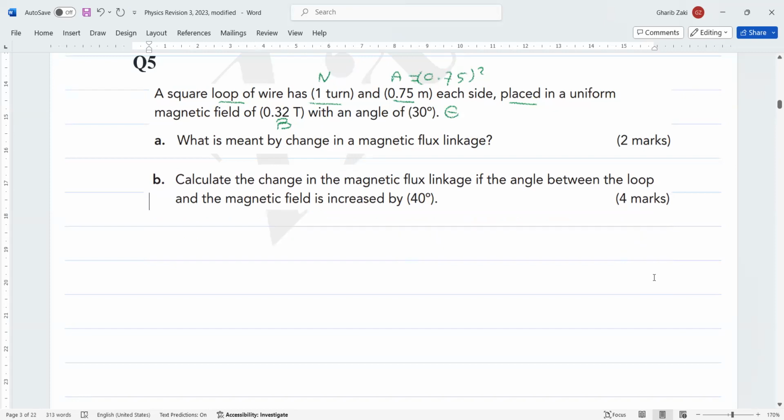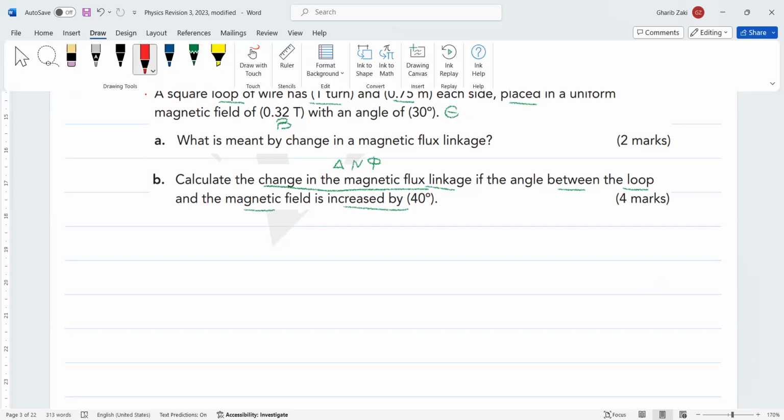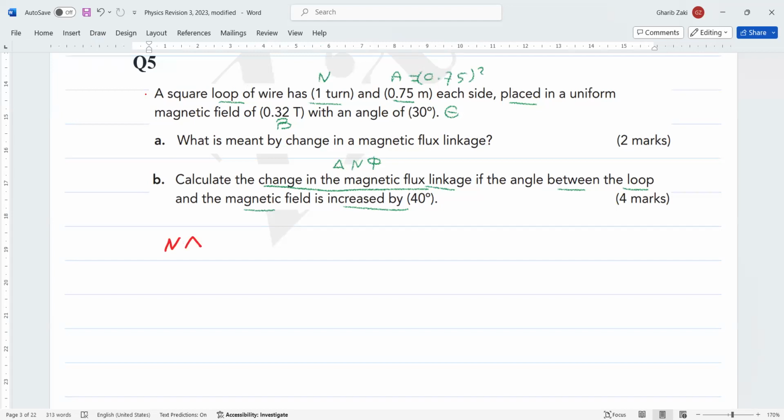Now, part B, calculate the change in magnetic flux linkage. We need delta what? N phi or N delta phi. If the angle between the loop and the magnetic field increased by, okay? Now, here, N delta phi.